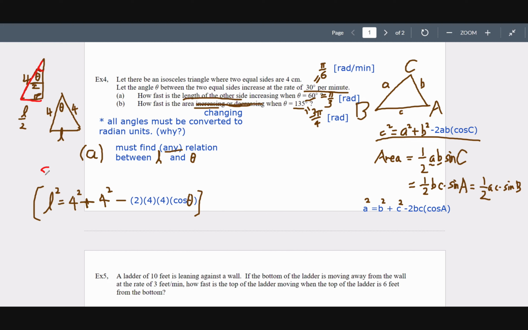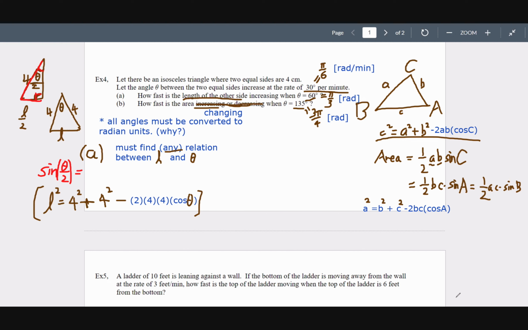Let me write this in red now. What is sine of theta over 2? Can you tell me what sine of theta over 2 is in that diagram there? And of course, this is a right angle.